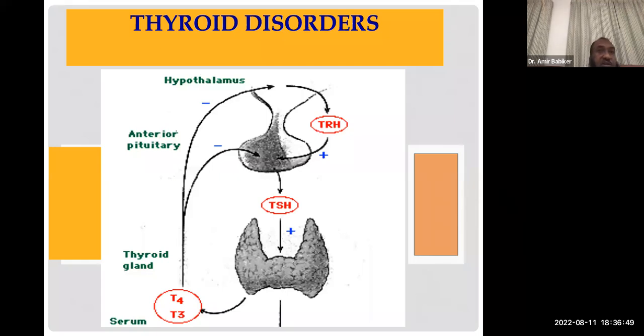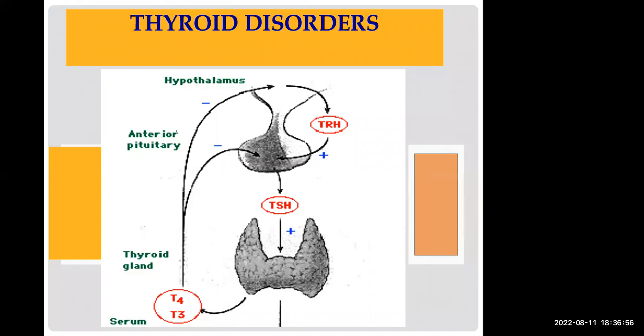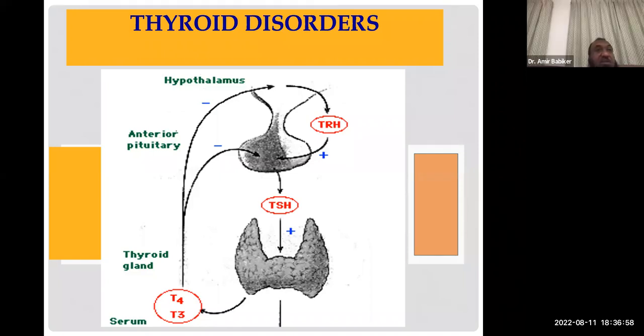So I start with them and then take them into the MCQs. I think the thyroid is important. This is quite enough to absorb for today.